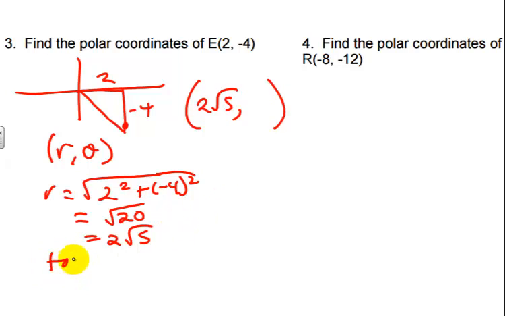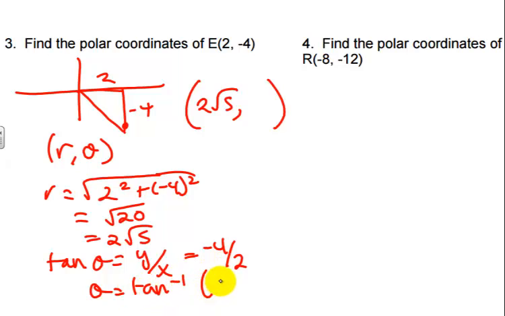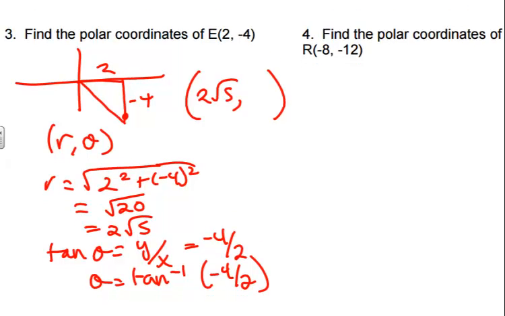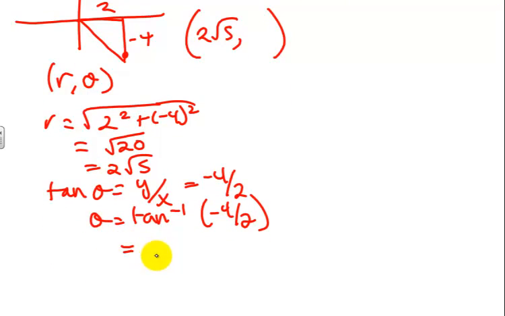And our theta, so tan theta, is going to be y over x, -4/2. We take the inverse tan of -4/2, and we put that in our calculator. When we do that, we get -63.4.